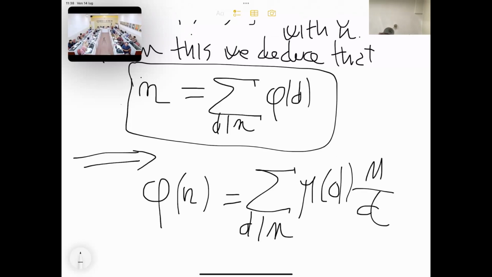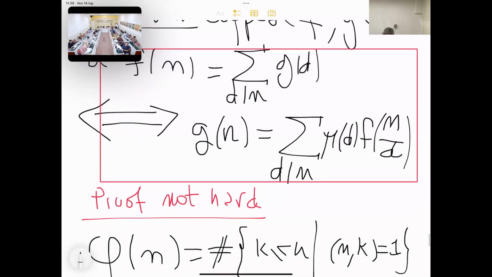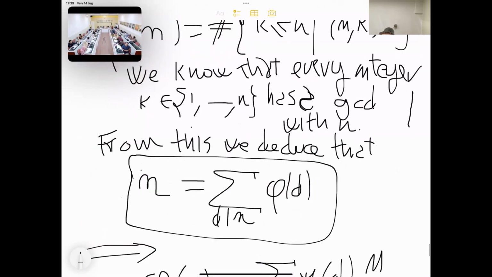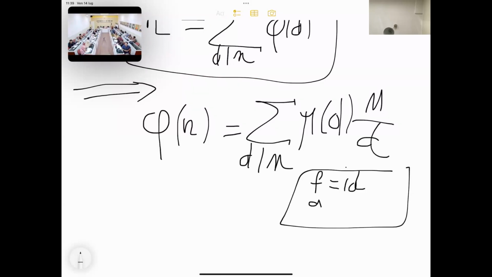This is exactly the application of the formula to f equal to the identity function and g equal to the Euler phi function.